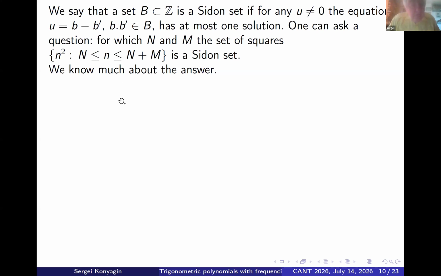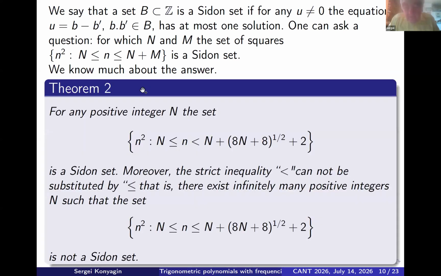And what can we say about the following: for which n is the set of numbers n squared, where n runs from capital N to capital N plus n, a Sidon set? We know something about it.